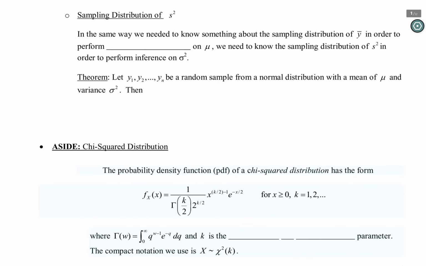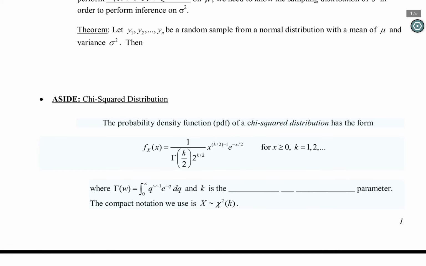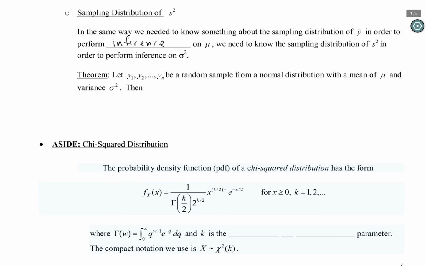We did this sort of thing earlier: when we wanted to do inference on a population mean mu, we had to know something about the sampling distribution of y bar. In the same way, we want to know something about the distribution of S squared to do inference on sigma squared.